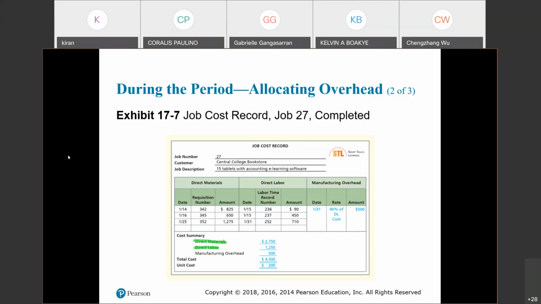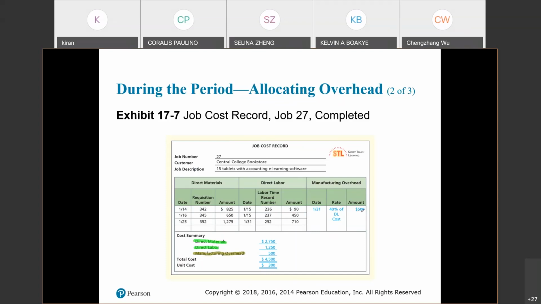And as I just discussed, we use the predetermined overhead allocation rate to determine how much is the manufacturing overhead. We need to determine this amount to be 40% of direct labor cost, which is $500.